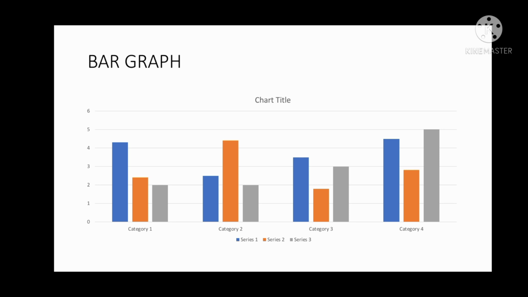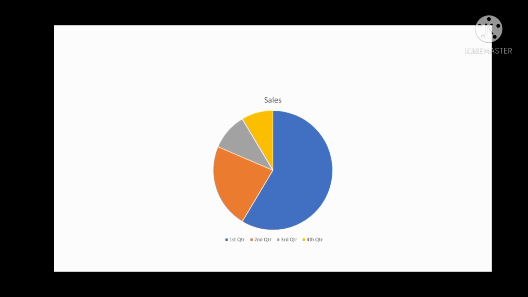And in addition, a bar graph is best used for comparing data quickly and easily. Next slide. What type of graph? This is an example of pie graph. When we say pie graph, this is best used in showing percentages. So you are showing a part of a whole.